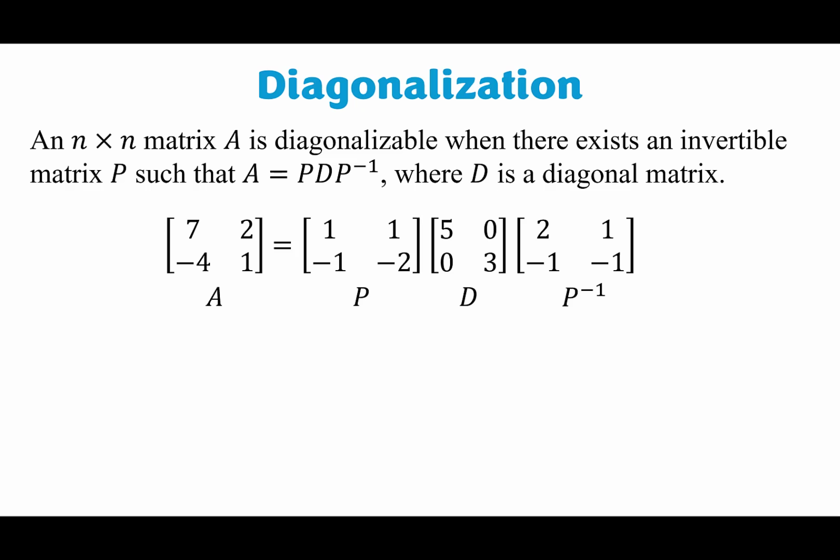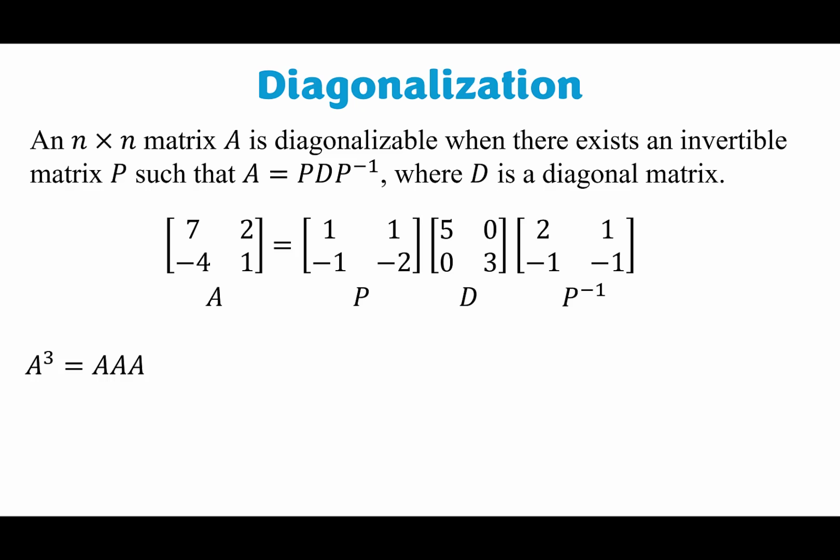It looks like we just complicated this matrix A, right? A looks simpler than a product of three matrices, P, D, and P inverse. But notice if you want to raise A to some power, whatever application you're working in, say if you want to cube A, well, that's A times A times A.